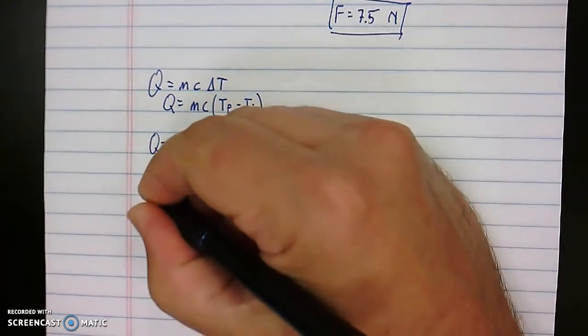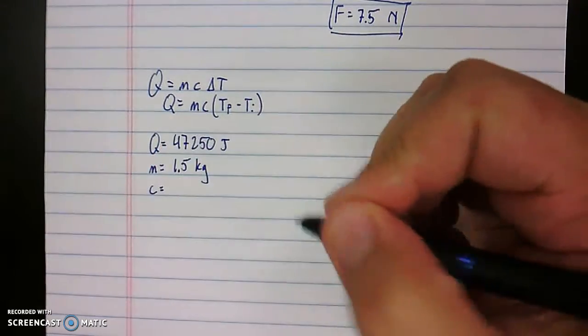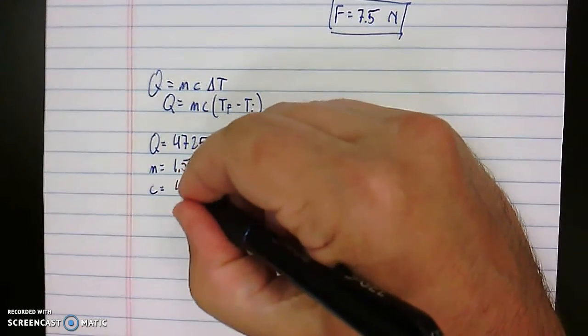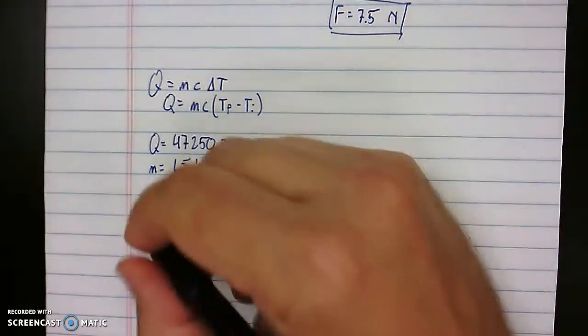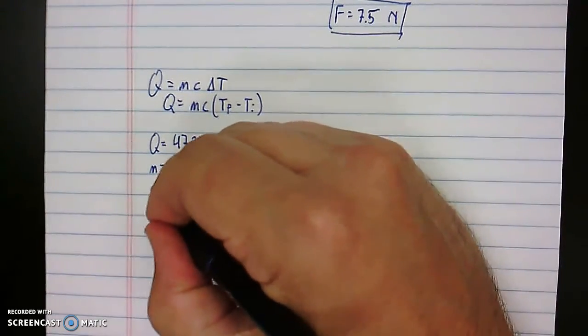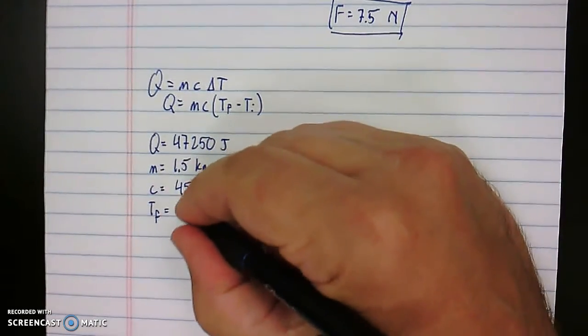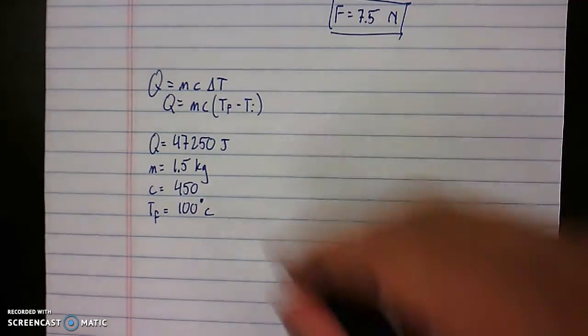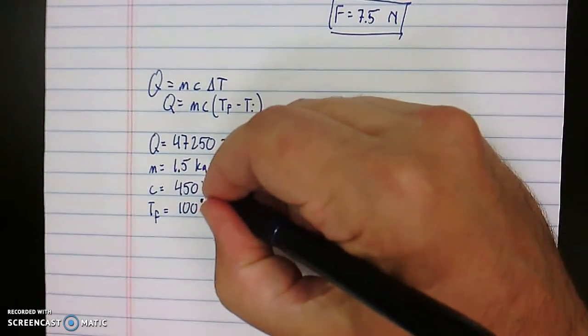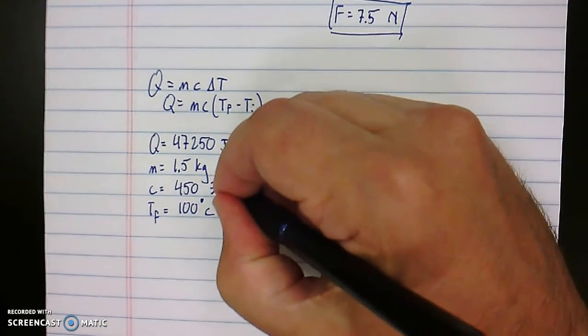C, which stands for specific heat, or CP, is going to be 450. And we're going to have T final temperature being 100 degrees. Oh, and the units for specific heat are joules per kilogram times degrees Celsius.